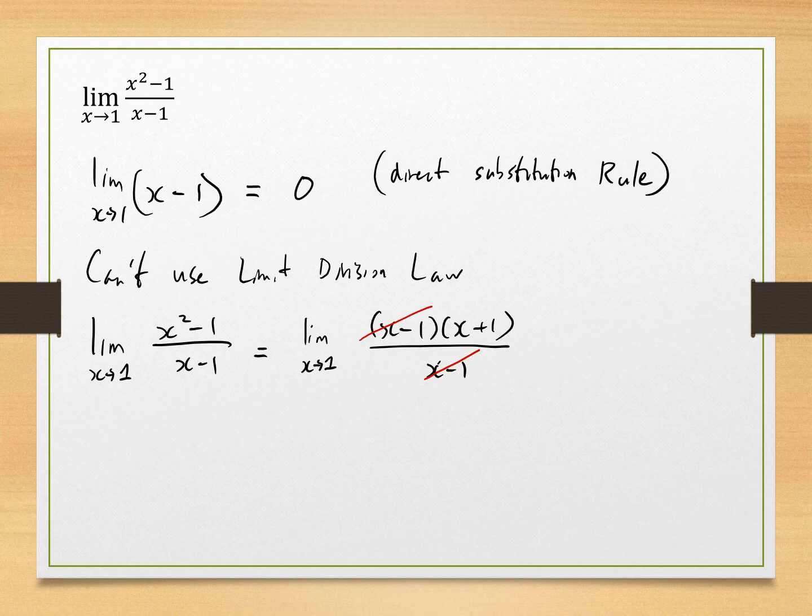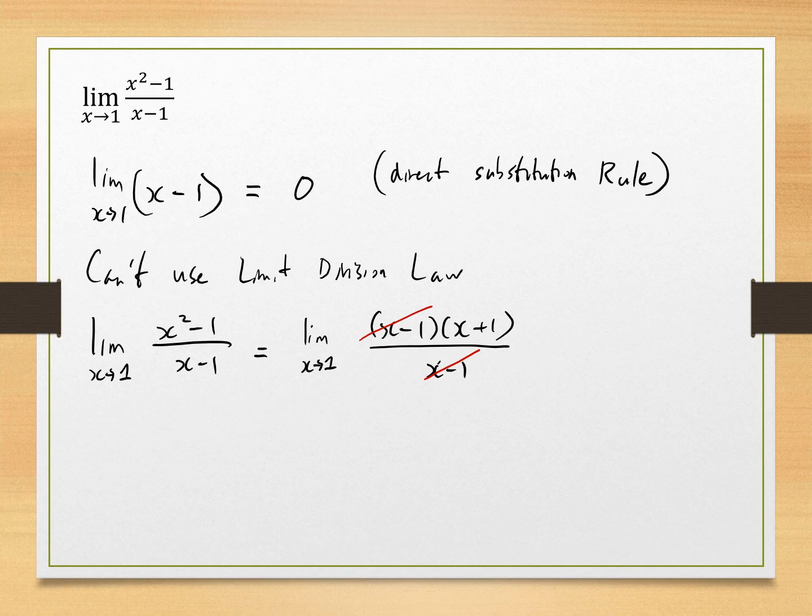You can't cancel out 0 and 0. That's invalid. You can cancel x over x to get 1 if x is not 0. X over x is not 1 if x equals 0, right?